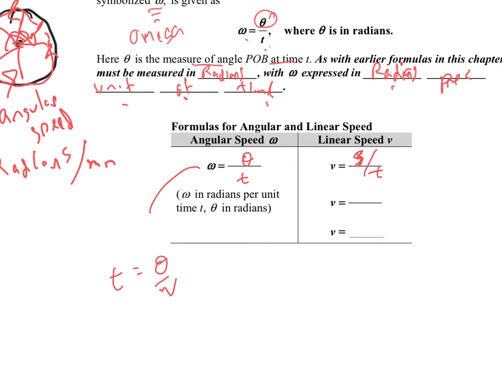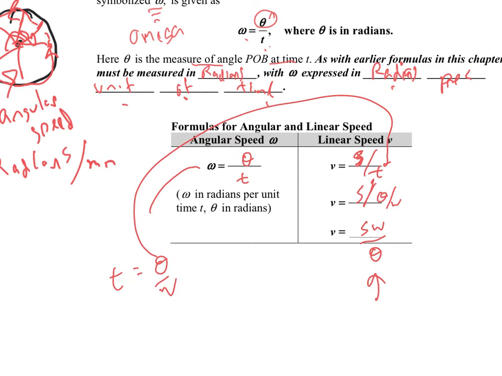If I plug that in over here, I get S over theta over omega, which, taking the top fraction and dividing by the bottom, gives S omega over theta. These are all true.